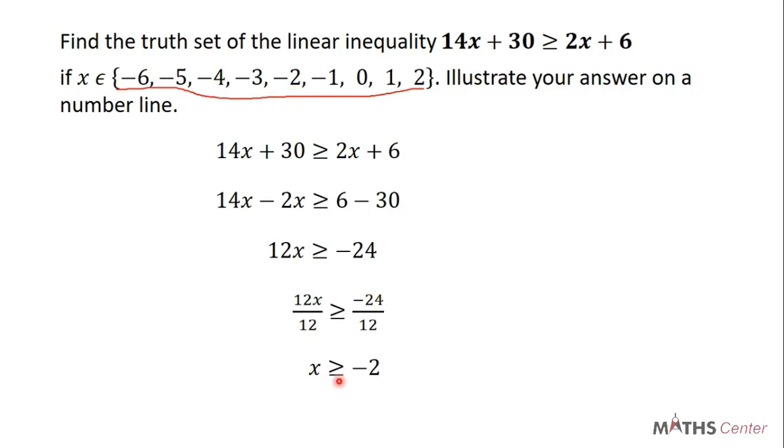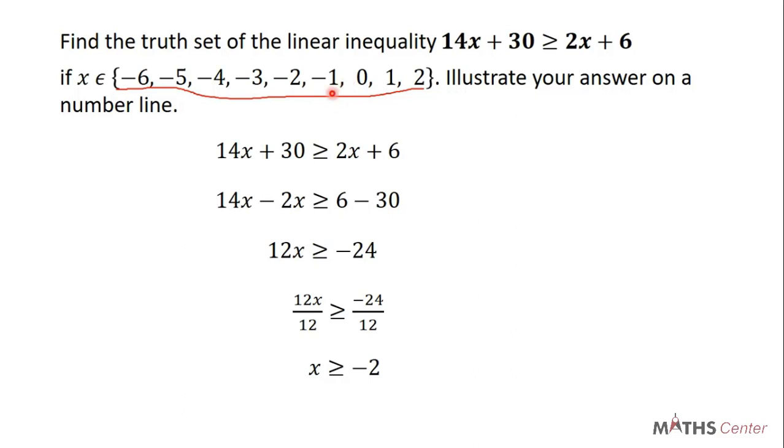What that means is that x is greater than or equal to negative 2. Under normal circumstances, that is a range of values, meaning all numbers greater than or equal to negative 2. But the question is telling us that this x belongs to this set, so the answers can be found in this set alone.